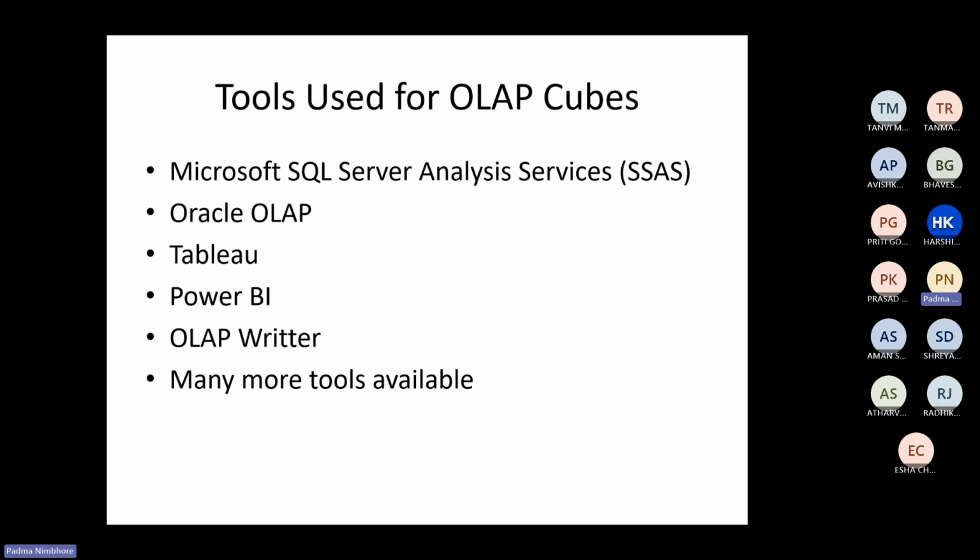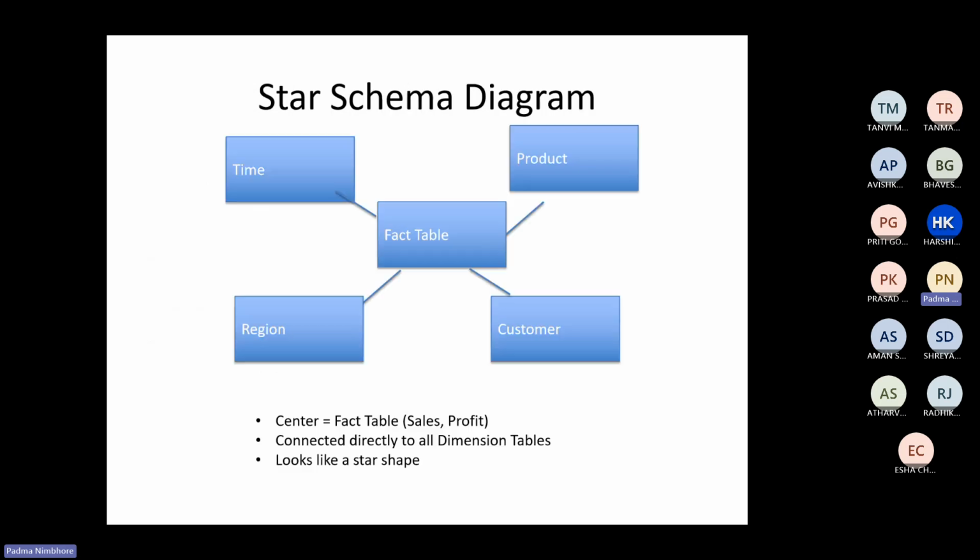Nowadays, SSAS is most probably used as your OLAP cube, through which you can perform multiple kinds of OLAP operations. You can also use OLAP Writer, okay? And many more tools are available for OLAP cube operations.